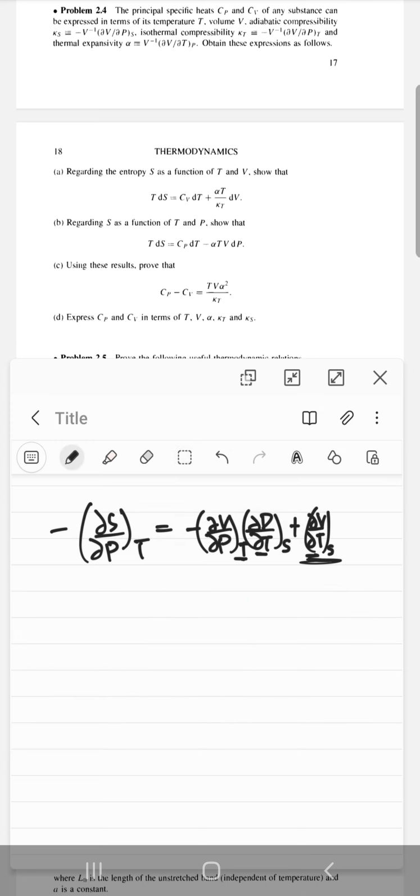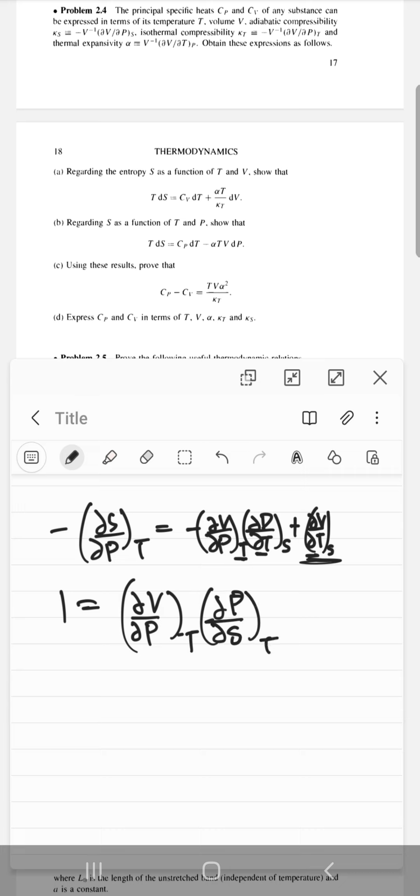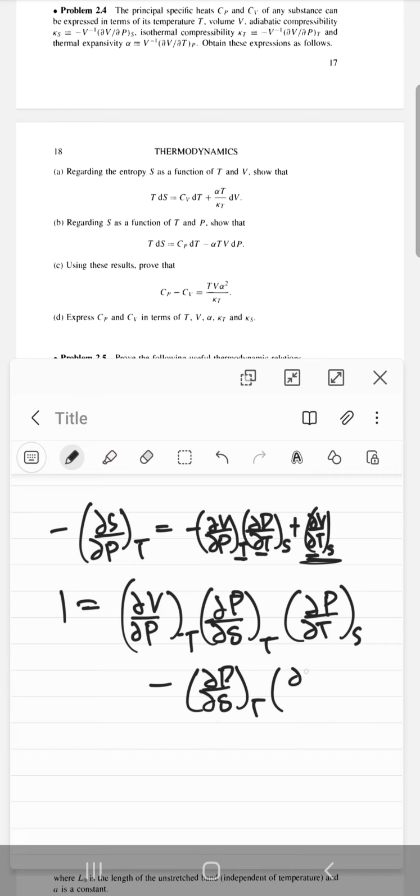So if I just take the reciprocal of this guy everywhere, I'll just get 1 is equal to partial V by partial P at constant temperature. Yeah, okay, I thought so. Something might just give way to partial T at constant entropy, and then minus partial P by partial S at constant temperature, and then partial V by partial T at constant entropy.